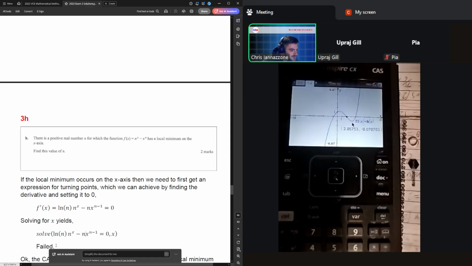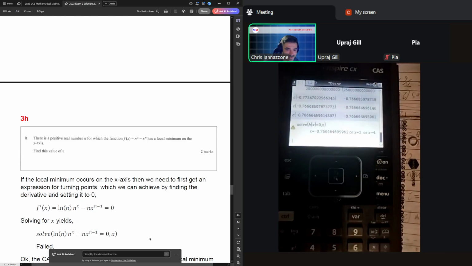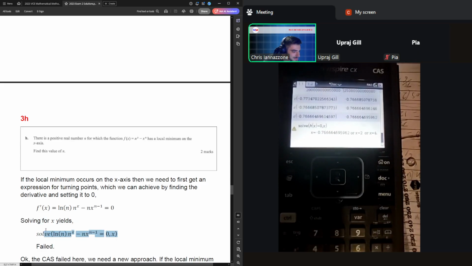I guess it just doesn't. I'm pretty sure it's spinning its wheels, so the CAS just thinks really hard and then gives up. I'd rather not break the CAS to show you, but feel free to have a look and see what happens after this. So just doing derivative equals 0 is not super helpful, at least in this case.